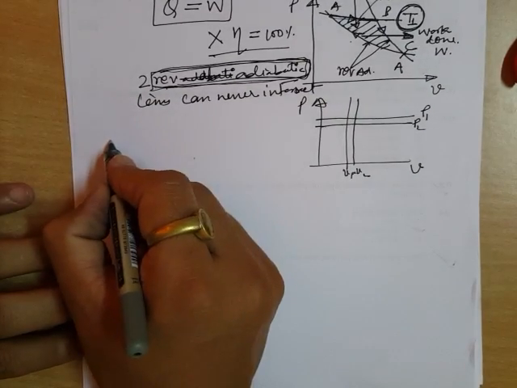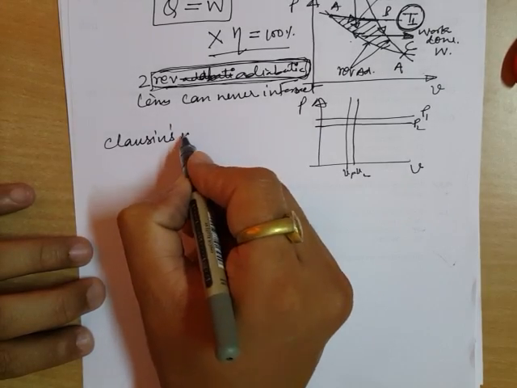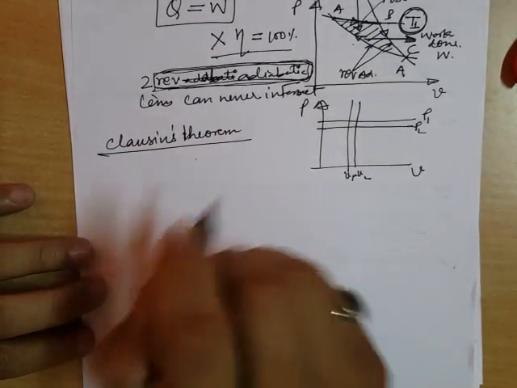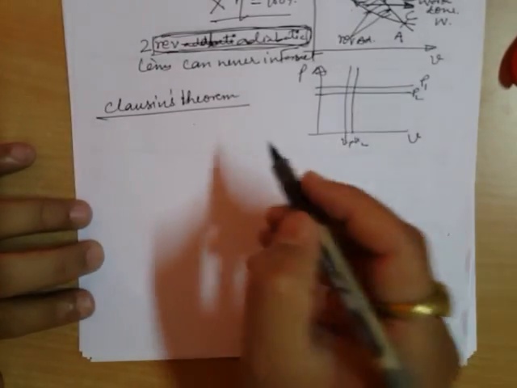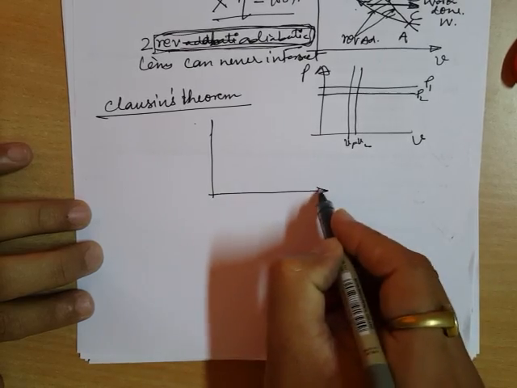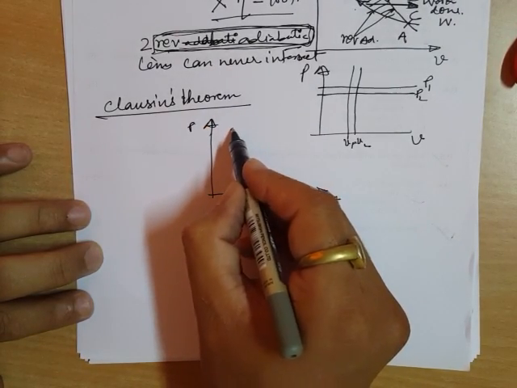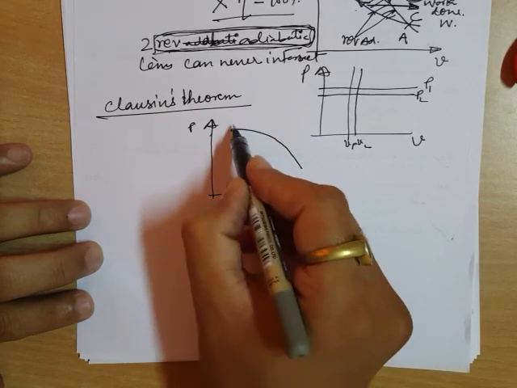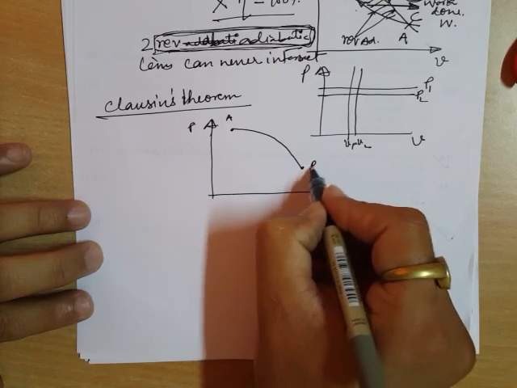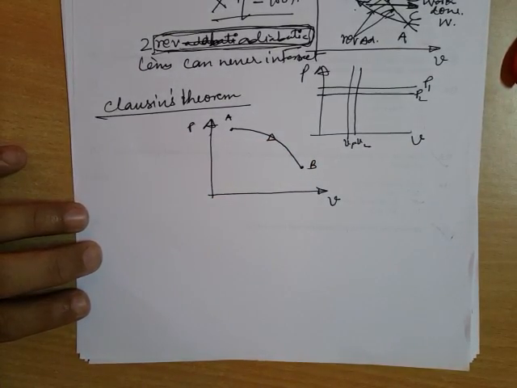So let us talk of Clausius theorem. Before we start talking of the Clausius theorem, let us consider a PV plane and a general curve starting from point A and finishing at point B. This is the process performed by any system.